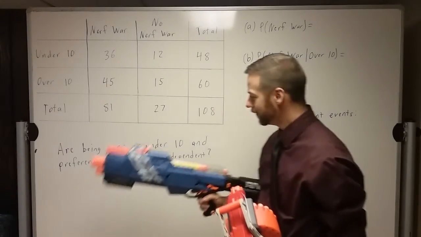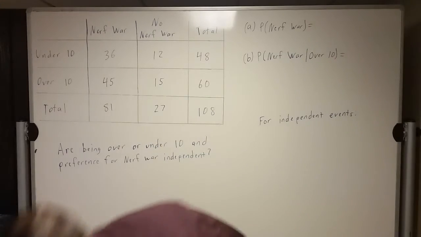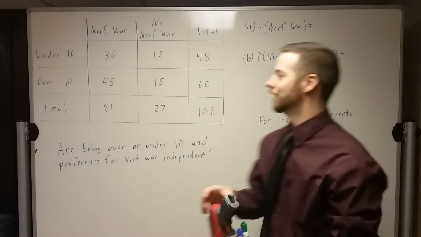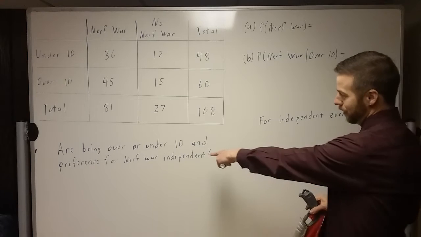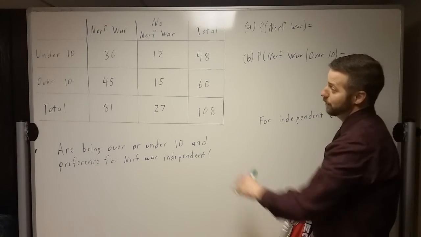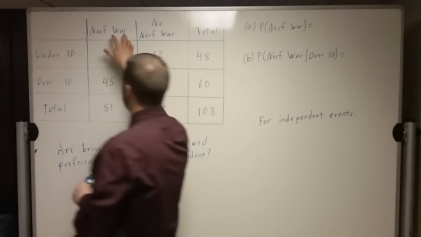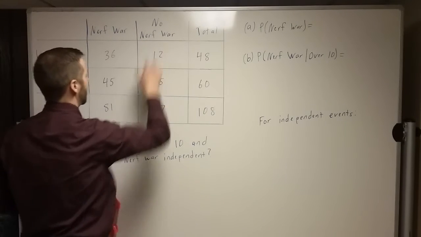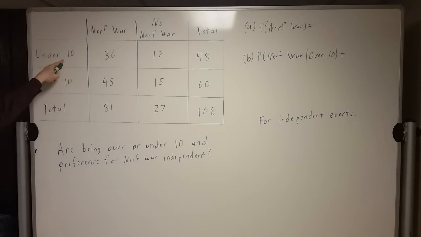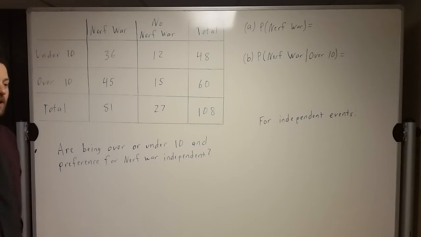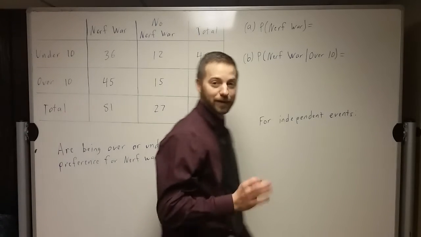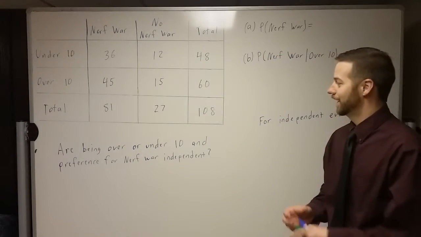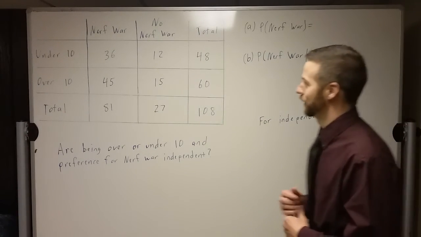So we're going to see if things are independent if we're talking about liking Nerf wars, not liking Nerf wars, and your age. Are you under 10 or over 10? And we're going to go with actual physical age, not how old you act like you are, which is good for me because I tend to act a little younger than I am probably.